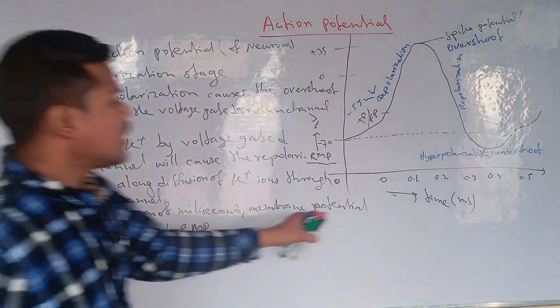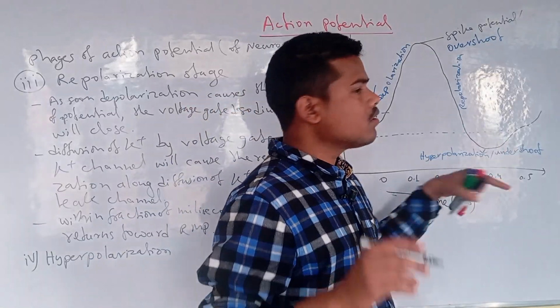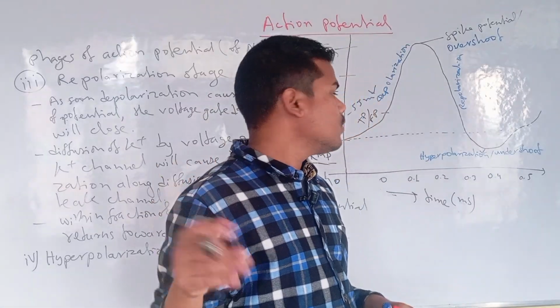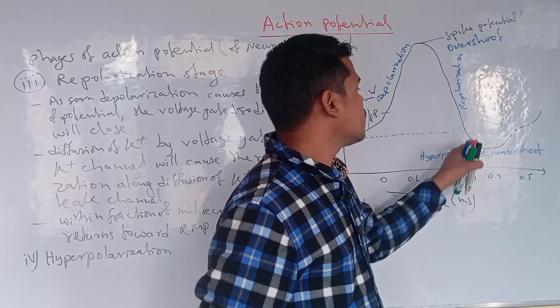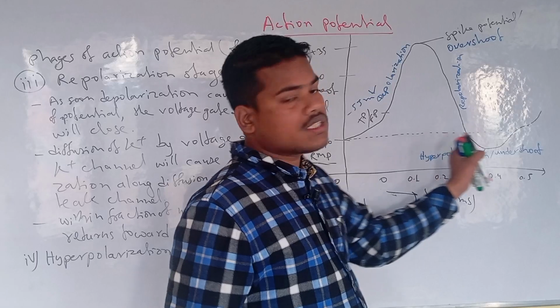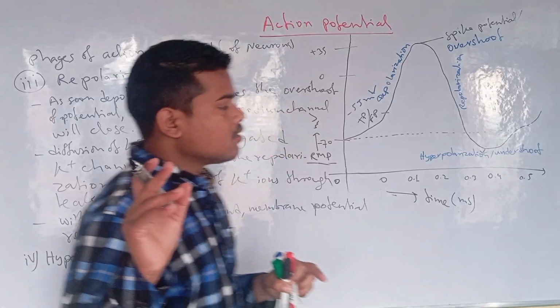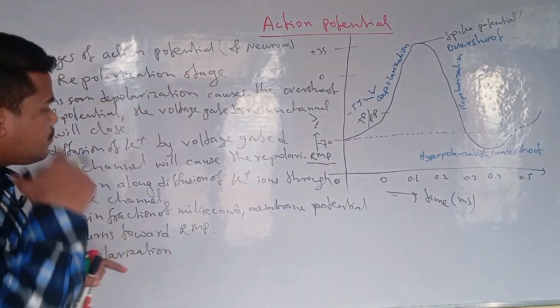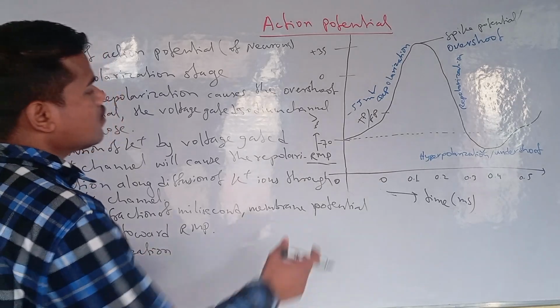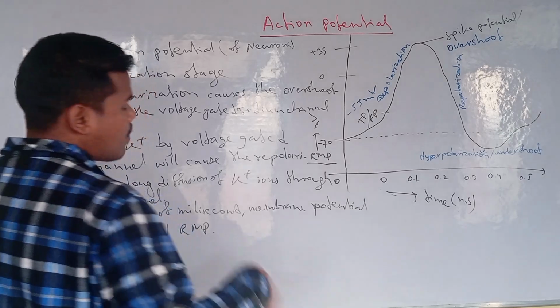The potassium channel will remain open for a few more fractions of milliseconds after it returns the membrane potential toward the resting membrane potential, and that opening below the resting membrane potential leads to the hyperpolarization.